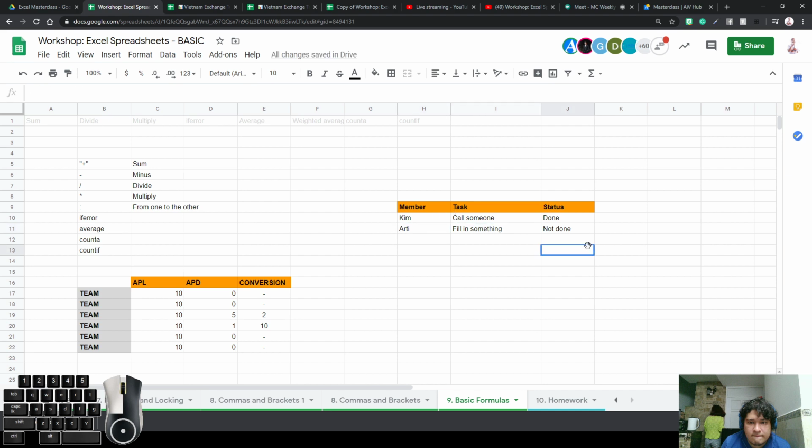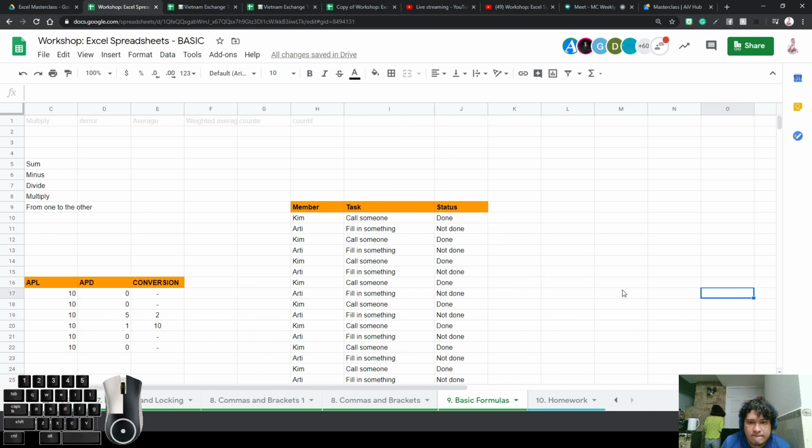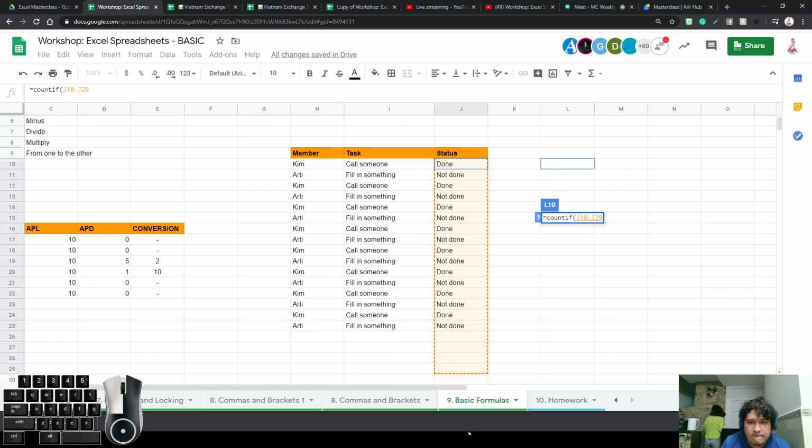Probably a lot of people have something like that. Probably you guys have a lot of members and a lot of things. But let's say after the entire month you want to see how many tasks were actually done by people. That's the moment you can see how many tasks were done in total. So COUNTIF, then I'm gonna select all of this.